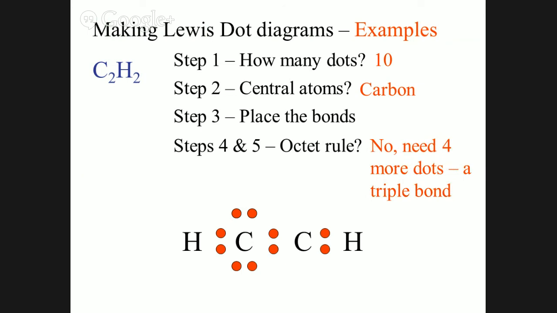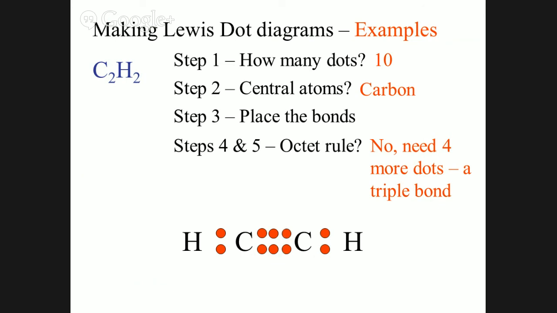In this particular case, it's easy to know I don't want 2 double bonds, because I can't have double bonds with hydrogen. Hydrogen can only bond once, and there are only 2 carbons and 1 bond between them. So this 1 bond is going to end up being a triple bond.